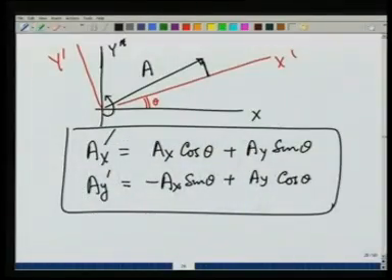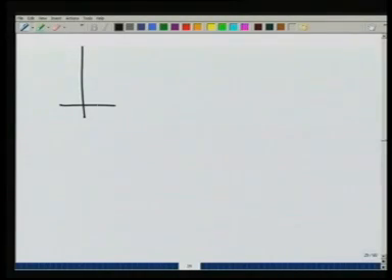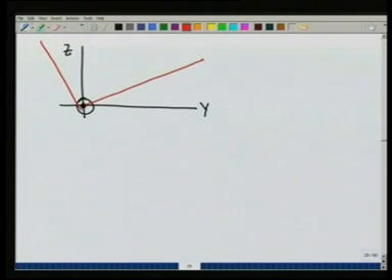We have looked at, in this case, when we rotated the frame about the z axis, because only x prime and y prime axis changed. We can do the same thing for other axes also. So, for example, suppose we rotate about the x axis. So, let us say we have x, which is coming out, y and z, and suppose we take the new frame by rotating about the x axis, x is the same.